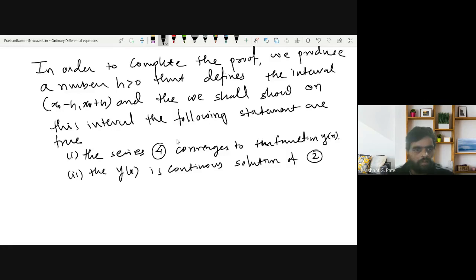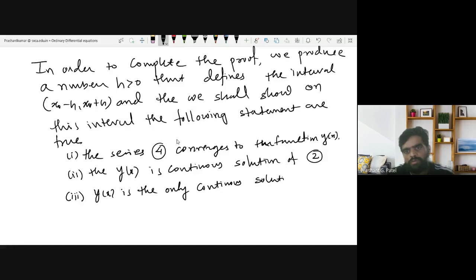And the third one, we have to prove that y of x is the only continuous solution of 2. So these 3 statements I have to prove.